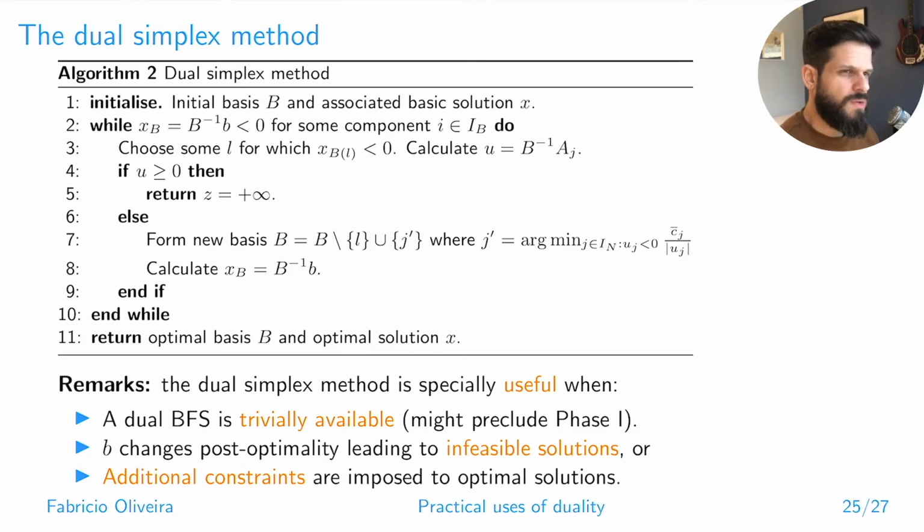One of the main reasons for that, well, there are some reasons associated with numerics and performance, but one of the main reasons is that typically dual basic feasible solutions are trivially available, while primal feasible solutions require phase one, which is computationally more expensive.